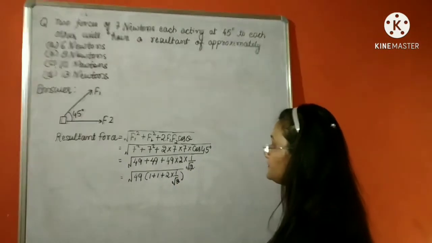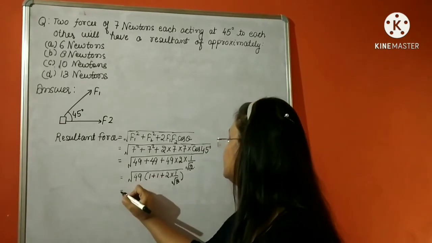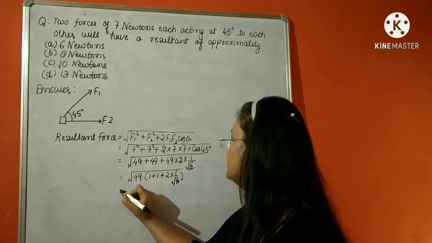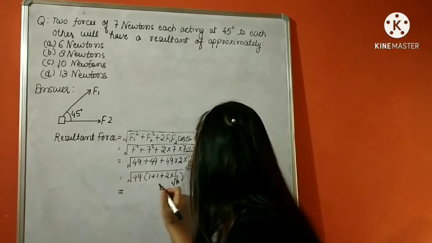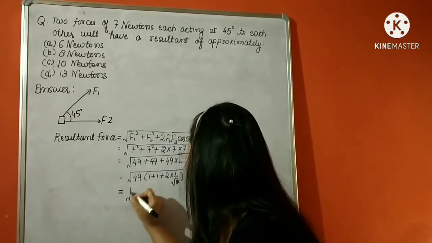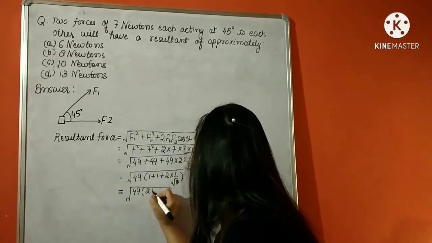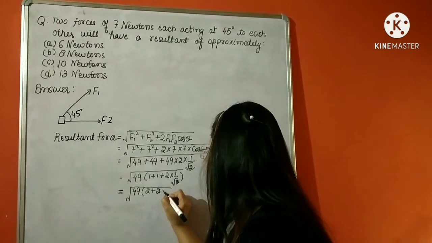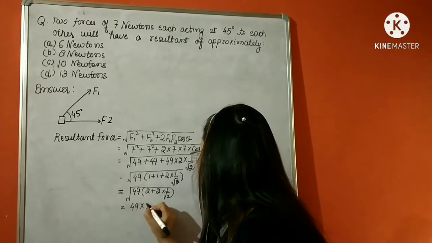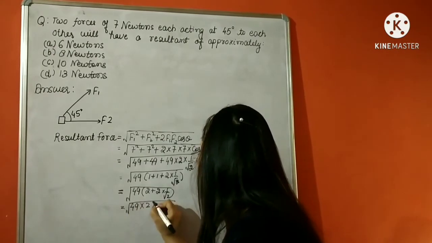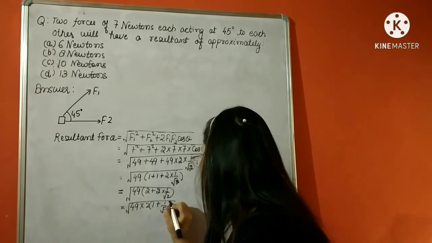One by root 2. Now we can take 2 also as common because 1 plus 1 is 2: 49, 2 plus 2 into 1 by root 2, which is 49 into 2, 1 plus 1 by root 2.